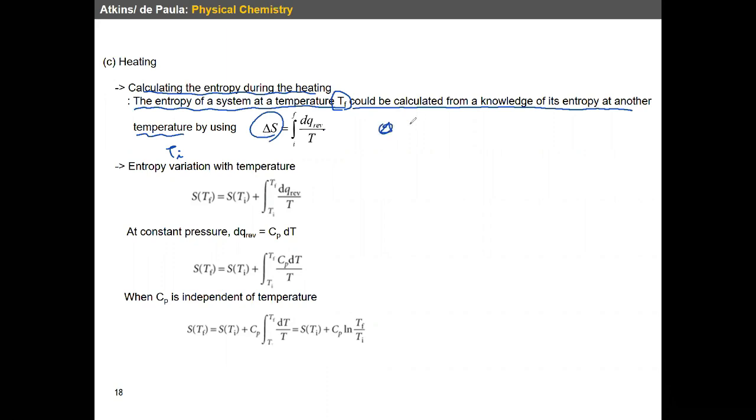Because dS equals dq ref over T, and if there is a temperature change from Ti to Tf, then we have delta S equals the integral from Ti to Tf of dq ref over T, right?